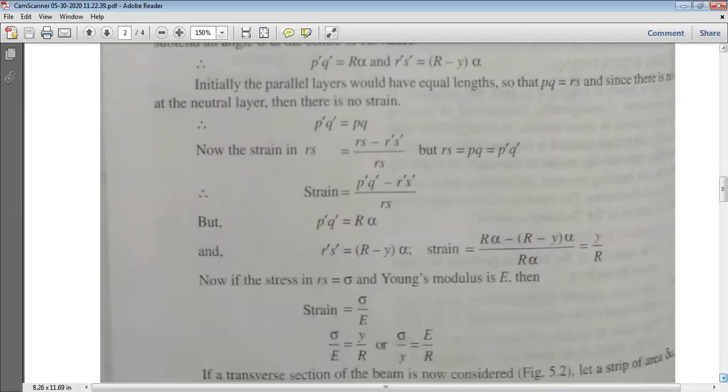So this is the Y by R. Now we have got strain in terms of Y and R. Y is the distance and R is the central radius of curvature.